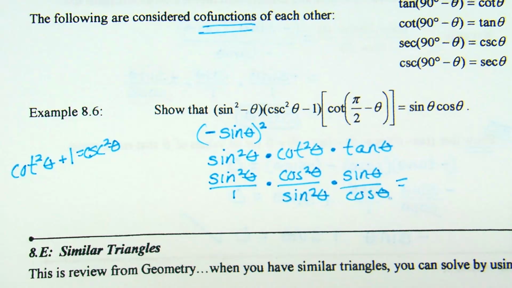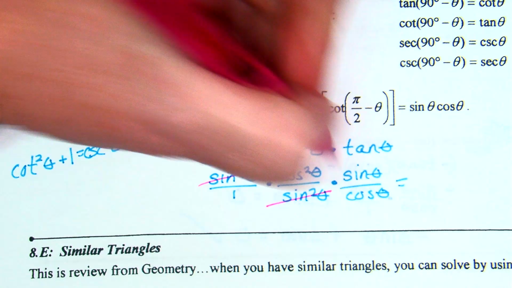Okay. Anything happen here? The sine squareds cancel. One of the cosine squareds cancels with the cosine squared below. So you end up with cosine theta times sine theta. Sine squared cancels with sine squared.